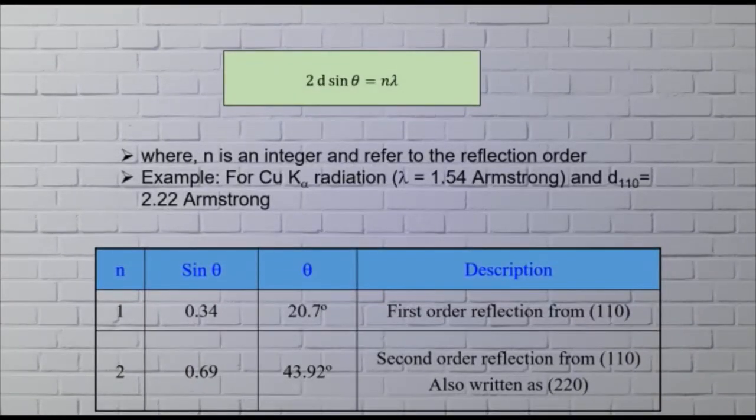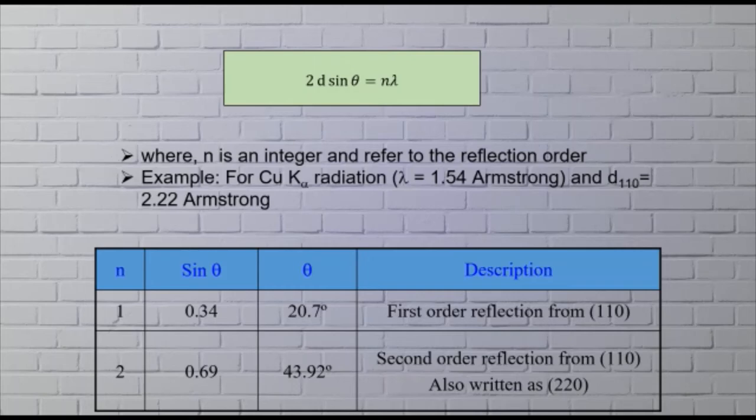The general equation for Bragg's law is 2d sin theta equal to n lambda, where n is an integer and refers to the reflection order. For example, for copper K alpha radiation, lambda equal to 1.54 angstrom and d110 is 2.22 angstrom.